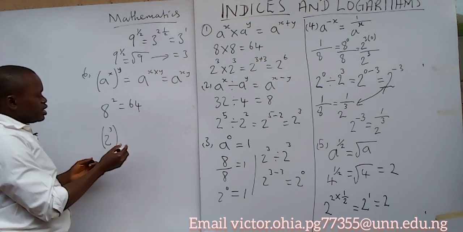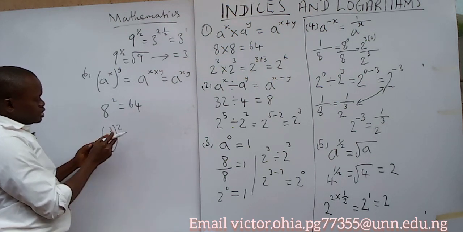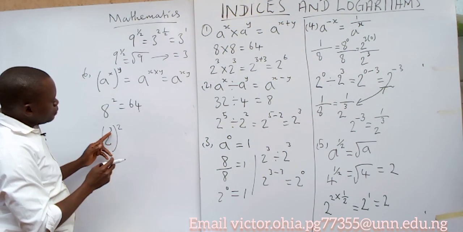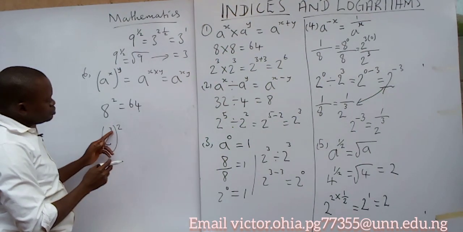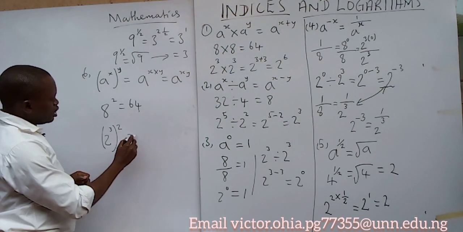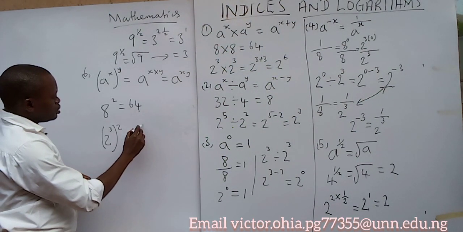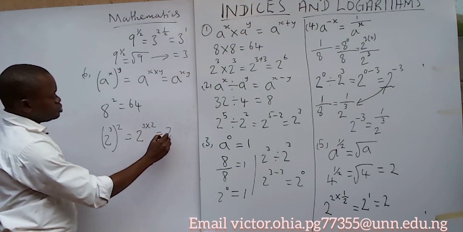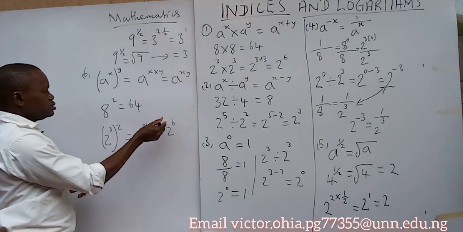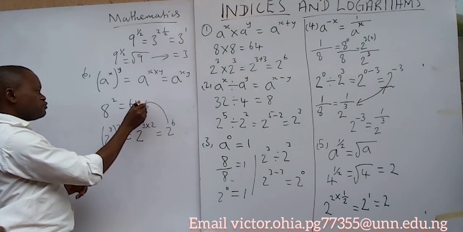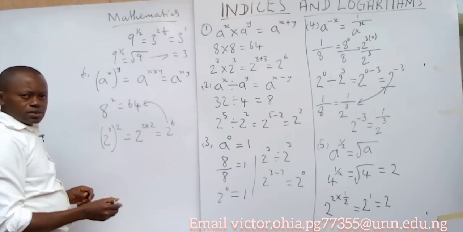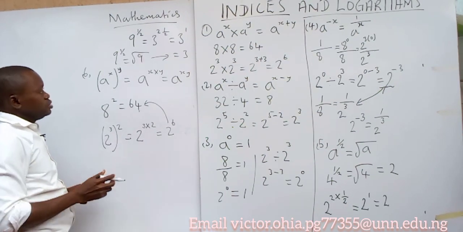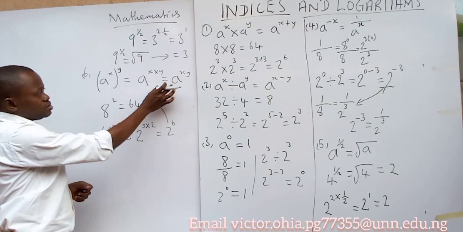Let's see whether the product of the powers will give us this. So I am going to have 2 raised to power 3 times 2, and that will give me 2 raised to power 6. Is this 2 raised to power 6 equal to 64? Yes, it is 64. If that is true, it means that this statement is consistent.